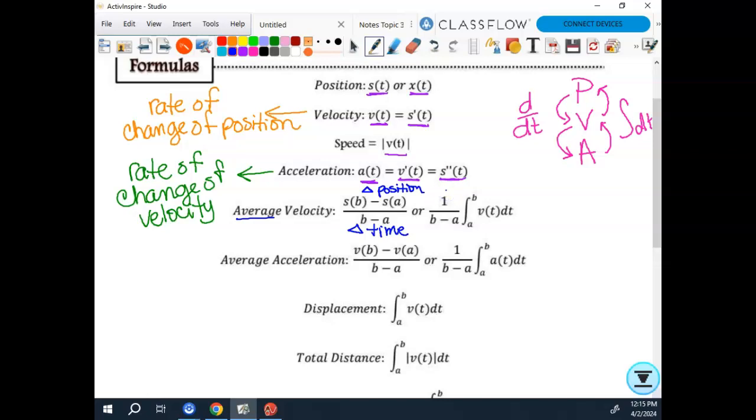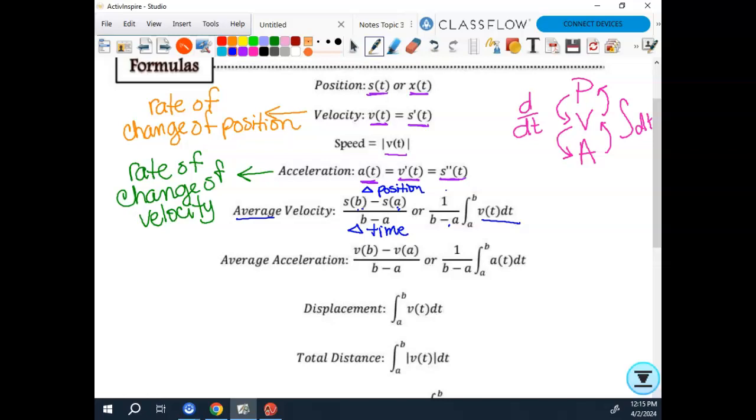So remember, we were doing average velocity last week. We did the integral from A to B, but out front we multiplied by 1 over B minus A, right? Because it was the average. So if I want the average velocity and I'm using the position, that's what I'm putting in there. Or if I have the velocity, I integrate velocity and multiply it by 1 over B minus A. That's your average that we were doing before.